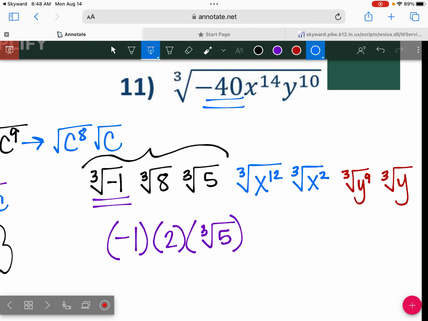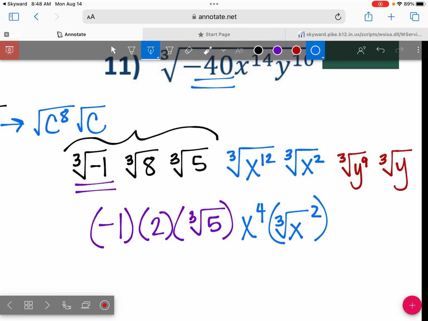The cube root of x to the 12th is x to the 4th. This also cannot simplify. So I'm going to leave it. The cube root of y to the 9th is y to the 3rd. And this cannot simplify. So it's going to stay.